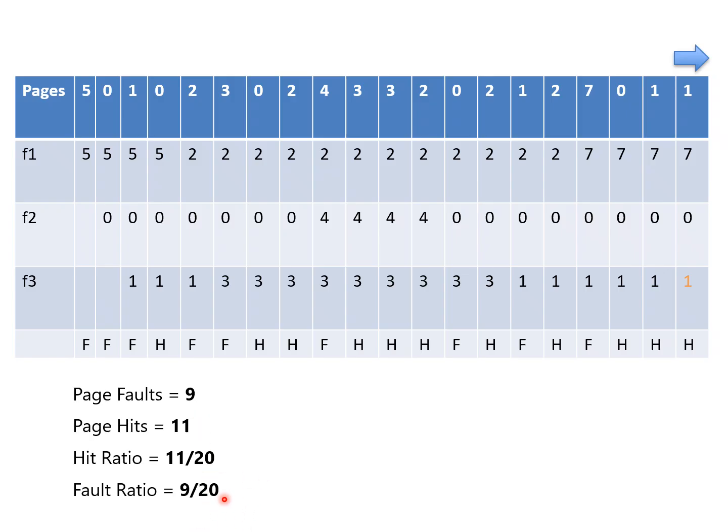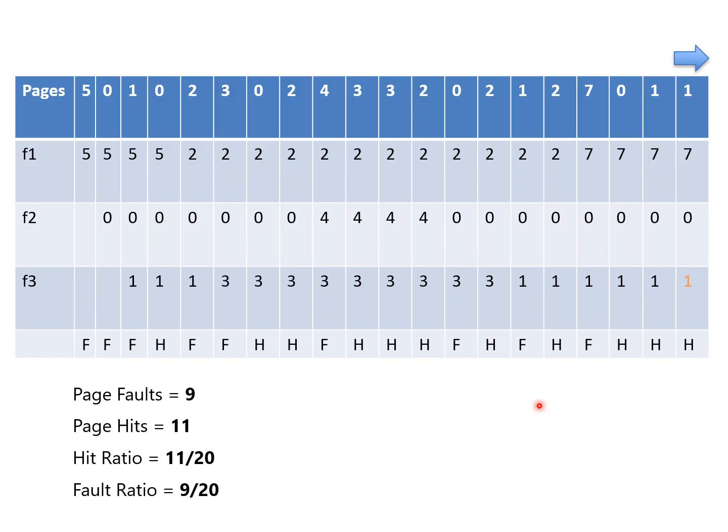So this is all about the optimal page replacement algorithm, and there are some advantages when compared to the other page replacement algorithms. The optimal page replacement algorithm produces the lowest possible page faults, and this particular algorithm is used as a benchmark to compare the other algorithms.